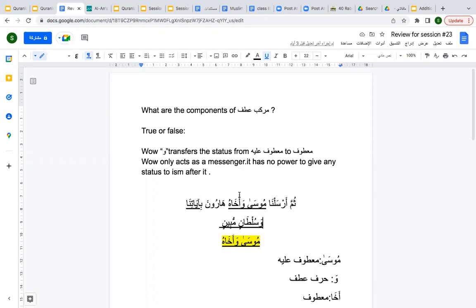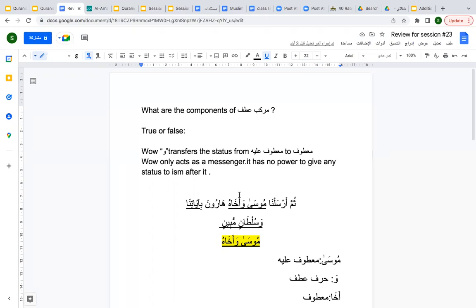So asmaul khamsa, they're very special in the sense that when they are rafa in status, they mostly come as mudaf. One of them only comes as mudaf, which is zu. You will only see it as mudaf. The rest of them can be seen otherwise as well.